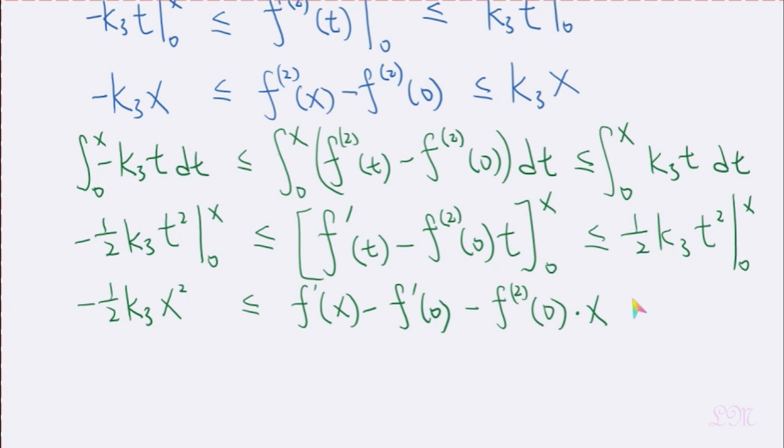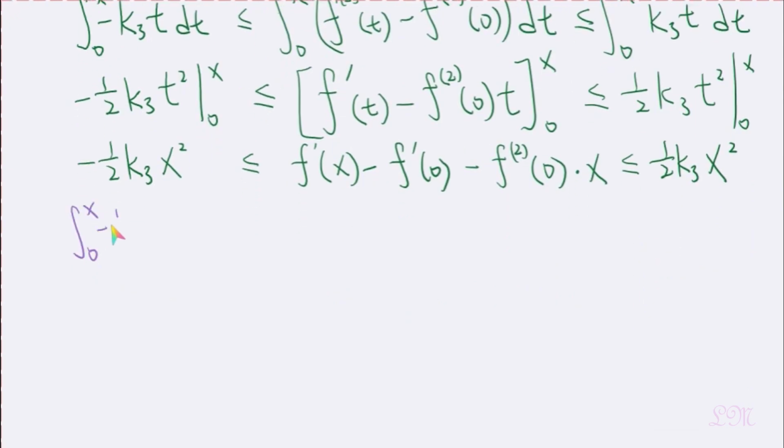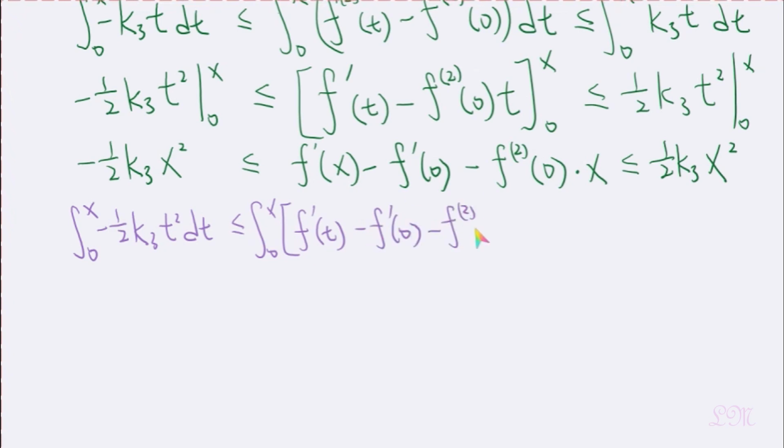And let's just finish up this line here. So 1/2 k sub 3 x squared. As I said, we're going to repeat this process 2 times, so we still have to integrate 1 more time.